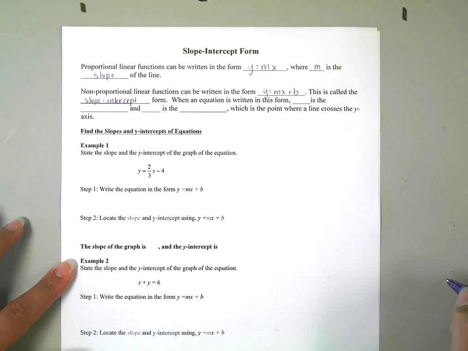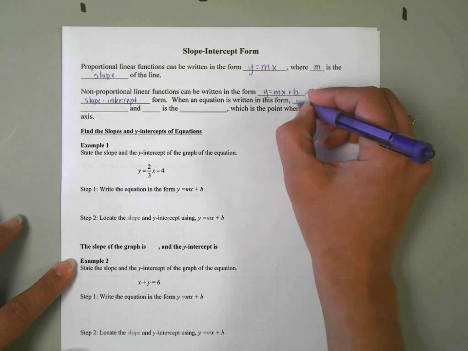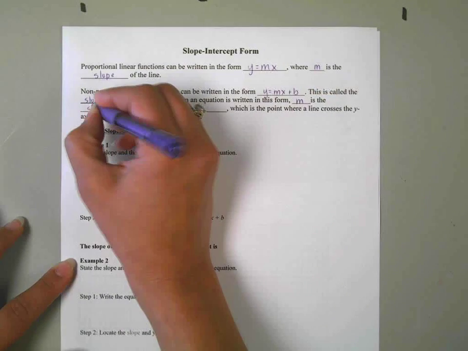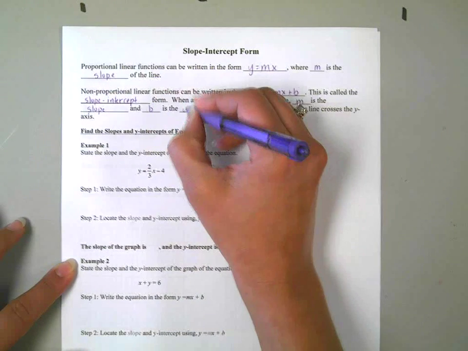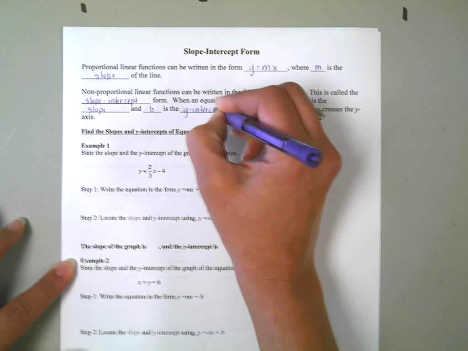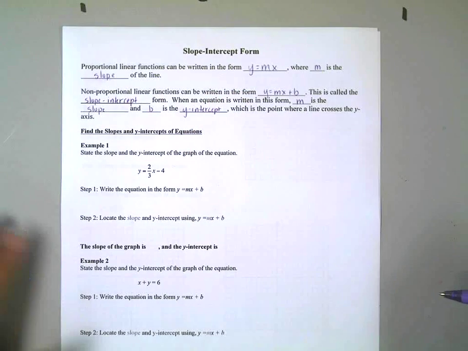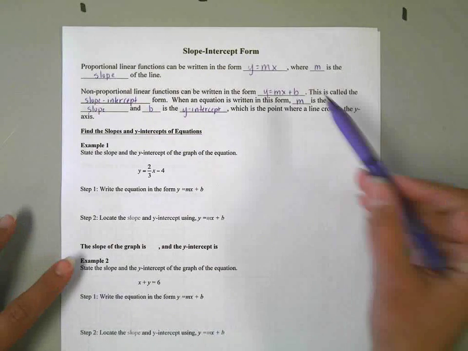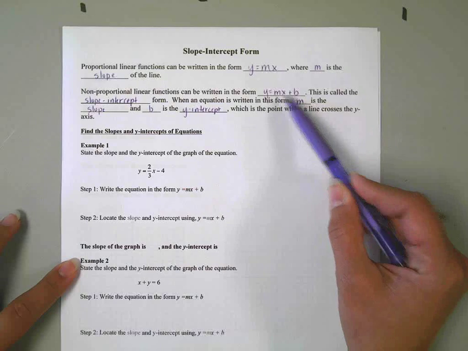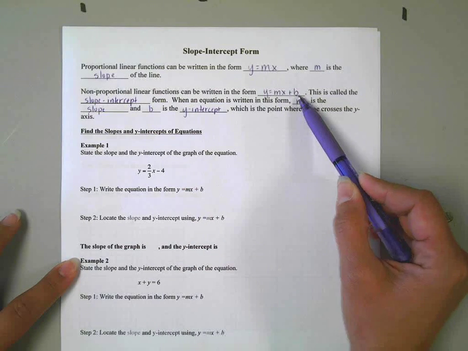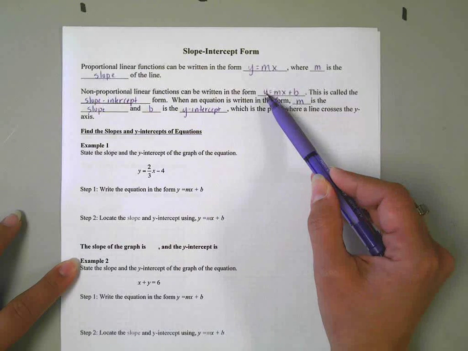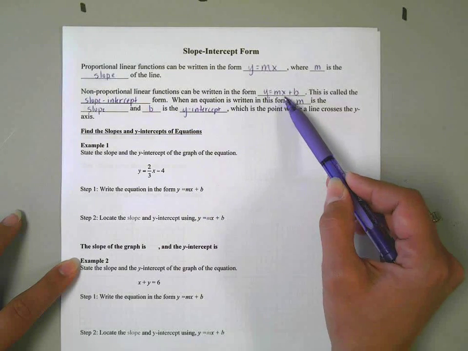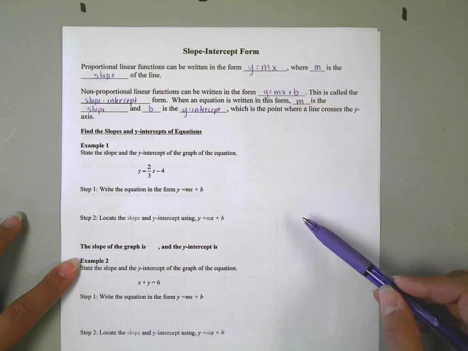When an equation is written in this form, m is the slope and b is the y-intercept, which is the point where a line crosses the y-axis. So again, m is our slope, b is our y-intercept, which is where the line crosses the y-axis. And x and y are the points on the line.